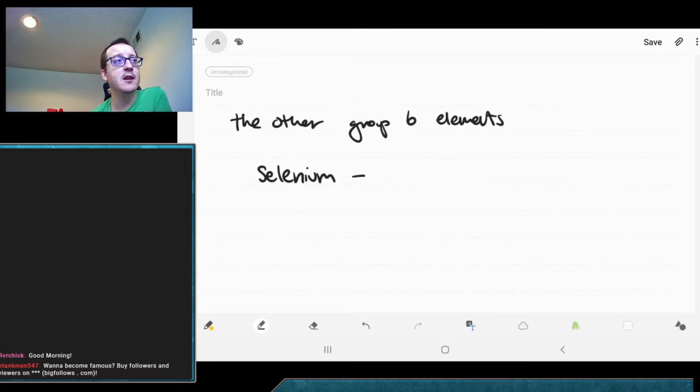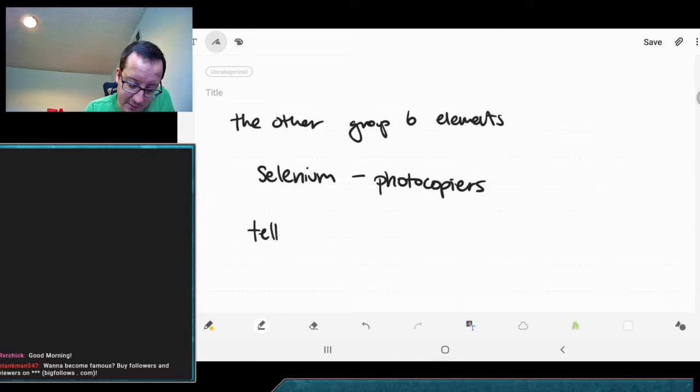Its main use is in photocopiers, because it's able to absorb the light that's being reflected at it, and it can essentially convince the toner to go there. So industrially, it's used in photocopiers for reacting with the light to convince toner to stick in certain places. So that's its main job.